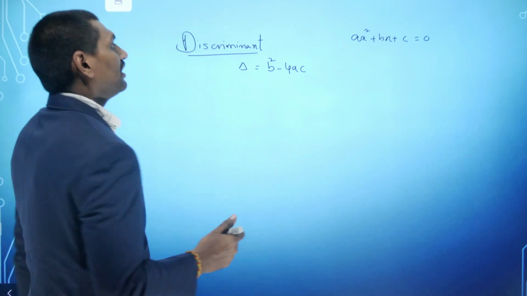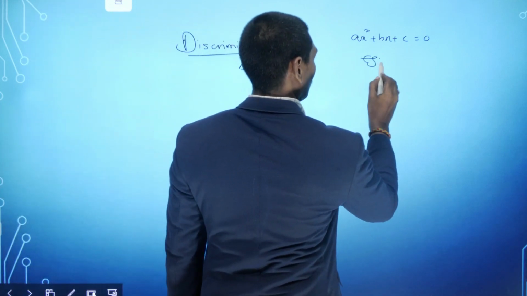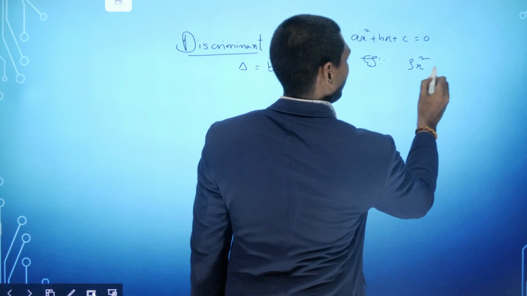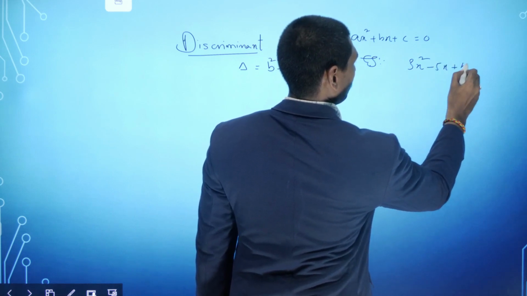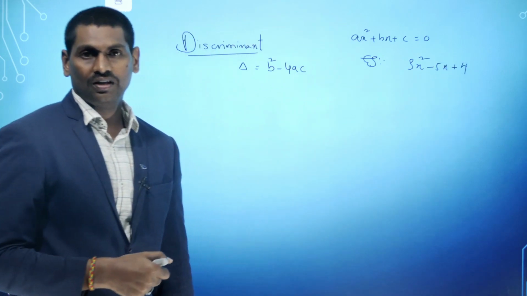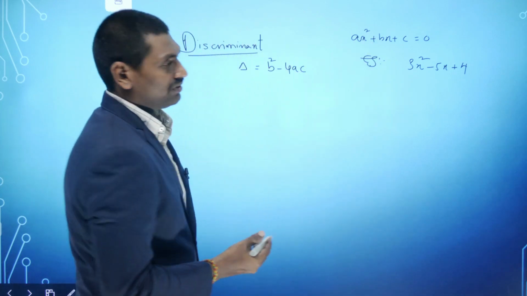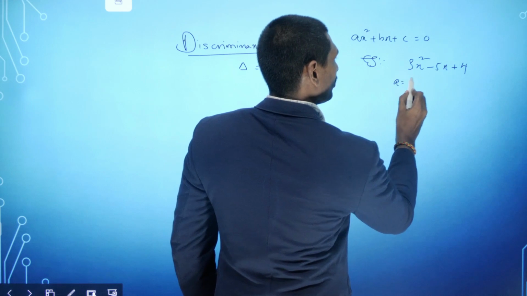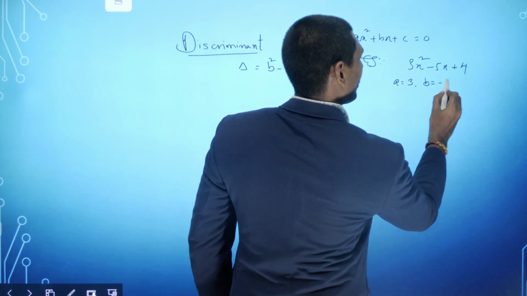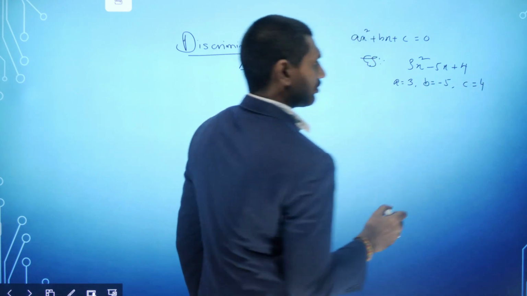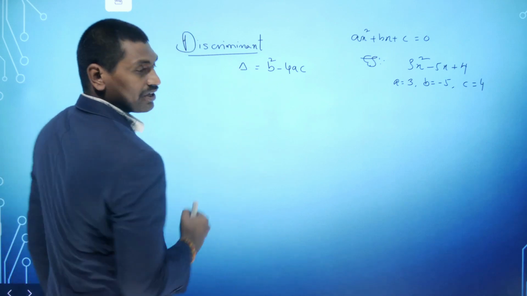Let us see an example. Take 3x square minus 5x plus 4. Compare with the general form: a is 3, b is minus 5 and c is 4. Now find b square minus 4ac.